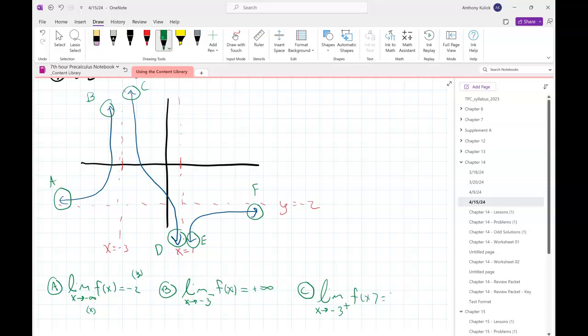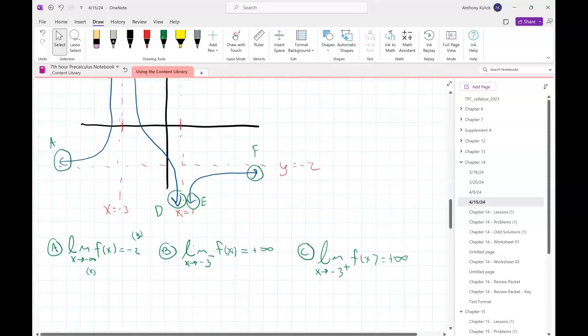Positive infinity, because it's pointing straight up. Everybody's okay with that? Arrows pointing straight up, the y is positive infinity; straight down, it'd be negative infinity. If the arrow is horizontal, then it's going to be whatever that y value is. You have to trace over and look. All right, D.